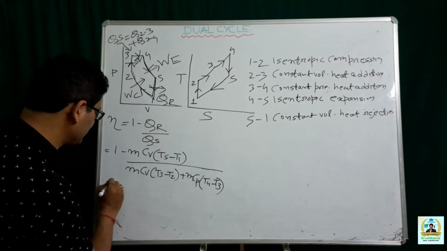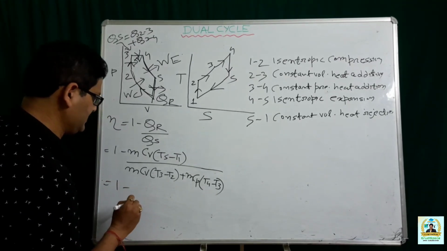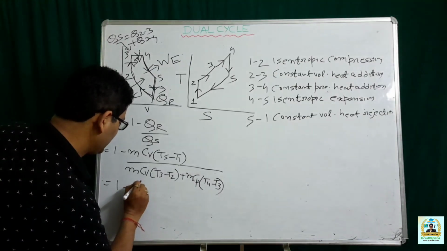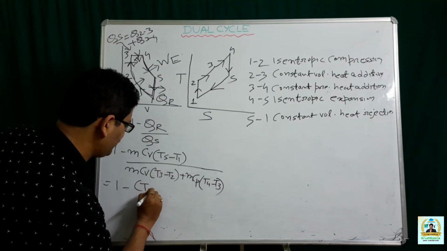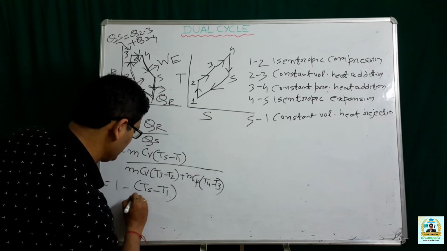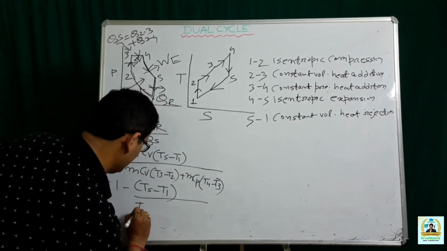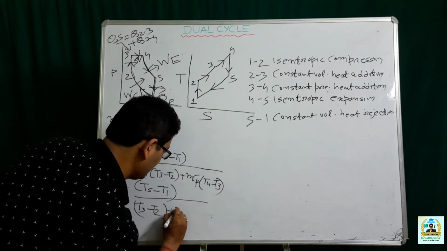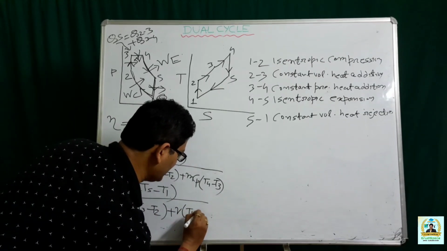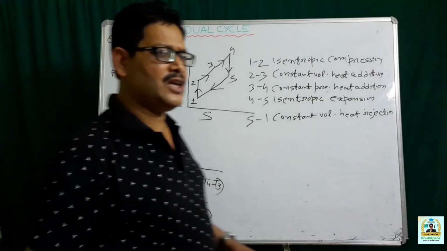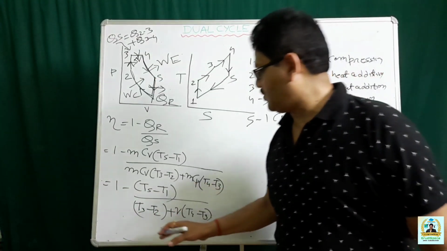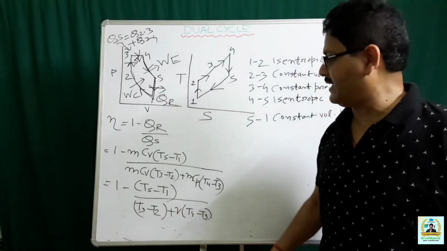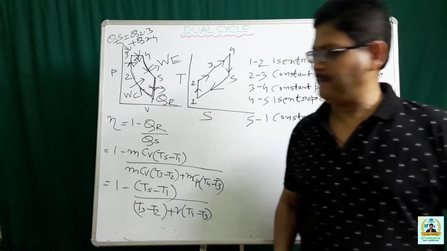So this can also be represented as 1 minus, if you divide both the numerator and denominator by Cv, you get T5 minus T1 divided by T3 minus T2 plus gamma into T4 minus T3. Because all of us know that the ratio between Cp and Cv is your adiabatic index, that is your gamma.